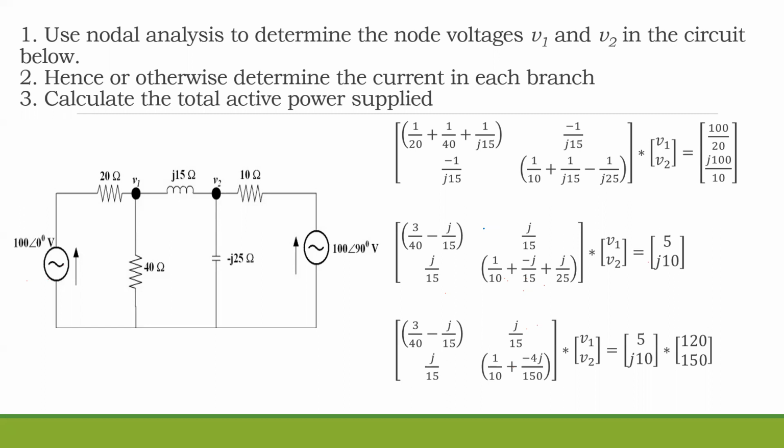So I have 1 over, isn't the inductor value just 1 over J15? Why is it a negative? The inductance value that you have here, which is the J15, the reciprocal, is it just 1 over J15? Isn't it supposed to be a positive number?